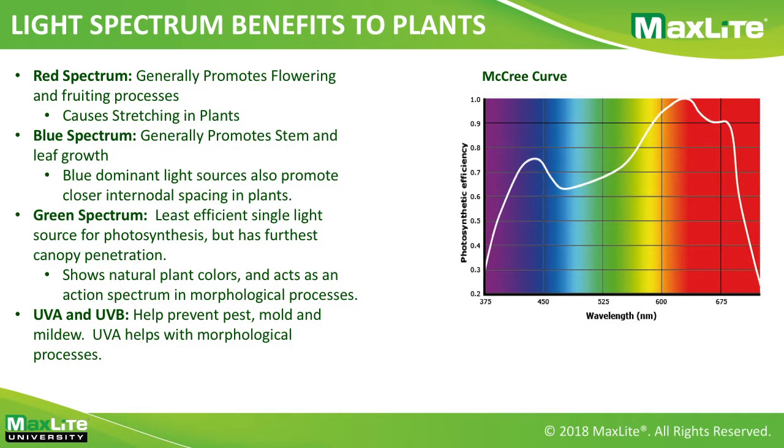We also will look at the light spectrum benefits to plants. Many times in horticultural lighting, you'll see spectra that are heavily focused in reds and blues. The basis is that while our human eyes are most sensitive to green light, plants respond with a high level of effectiveness in the red and blue spectrum. Generally, the red spectrum promotes flowering, and blue promotes prominent stem and leaf growth.